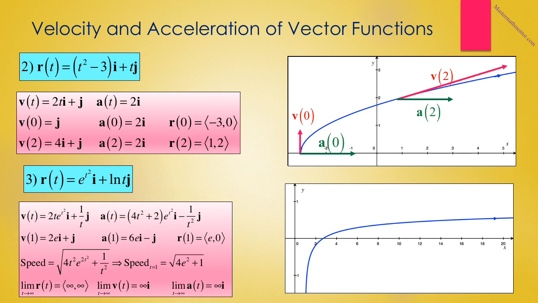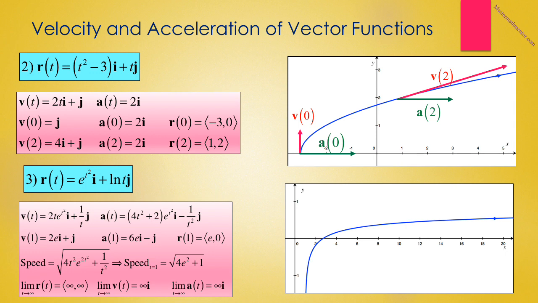So at t equals 1, our velocity is 2e i plus j, while our acceleration at t equals 1 is 6e i minus j. And to find the location at t equals 1, r of 1 is equal to (e, 0).